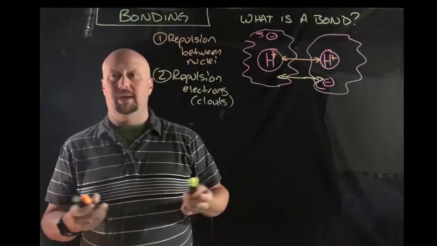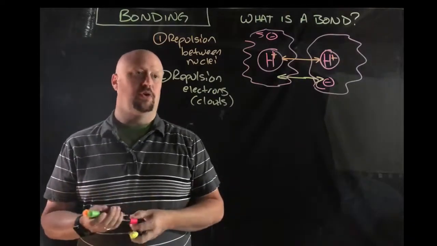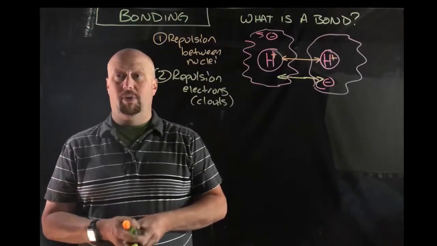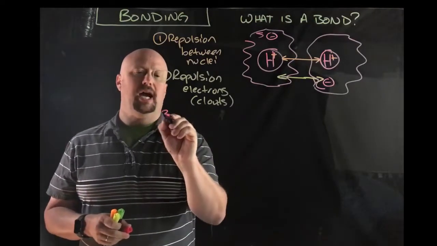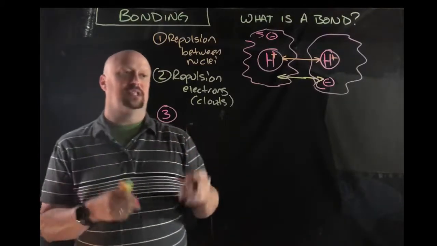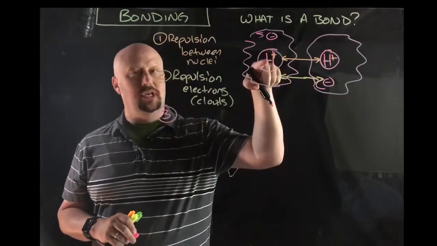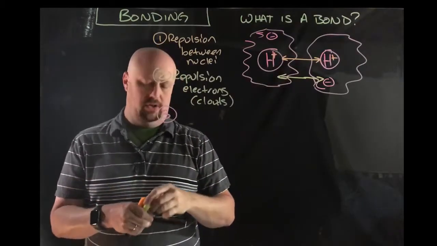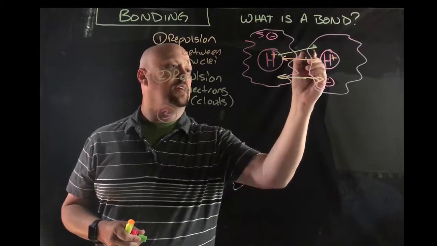So you might be thinking immediately, okay, great, all those things speak to there being a repulsion, with no bond forming. So what's the other interaction? Well, the third interaction happens twice, essentially. So I've got a nucleus. This nucleus over here is attracted to this electron.